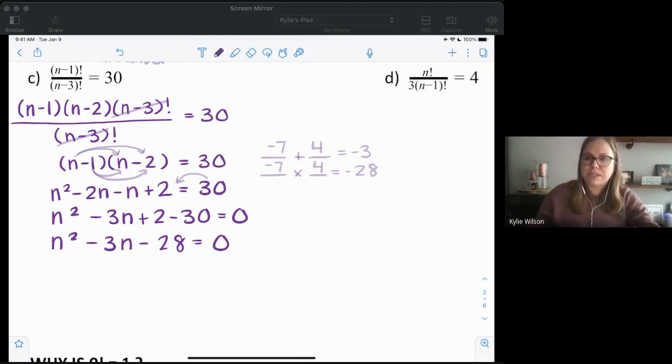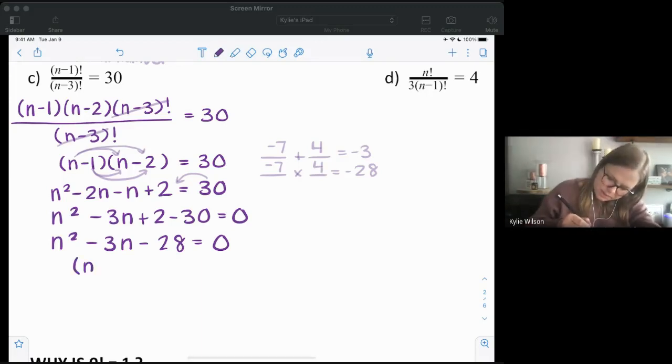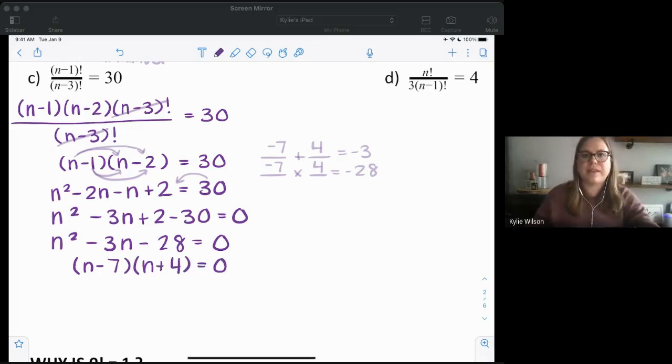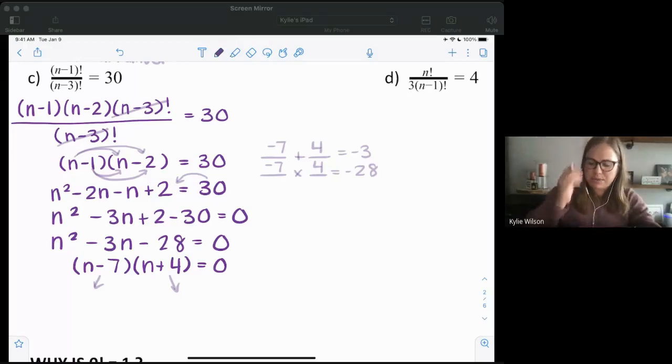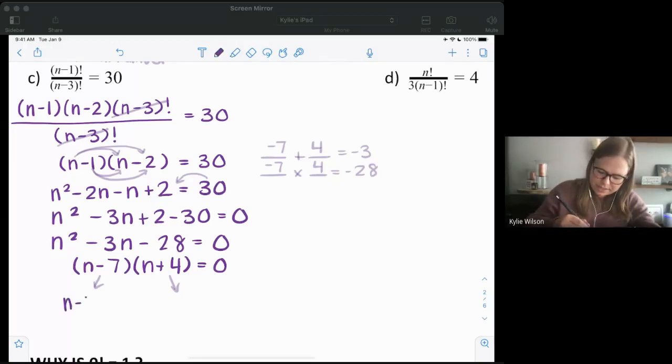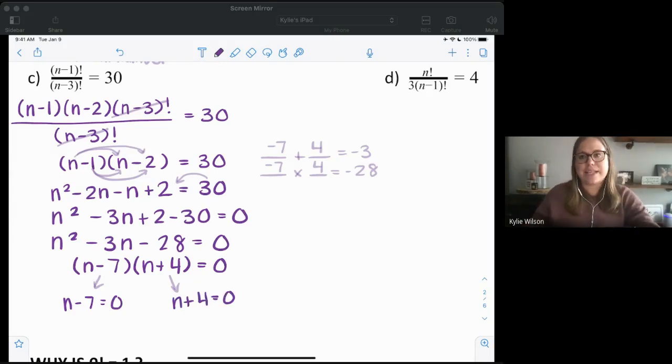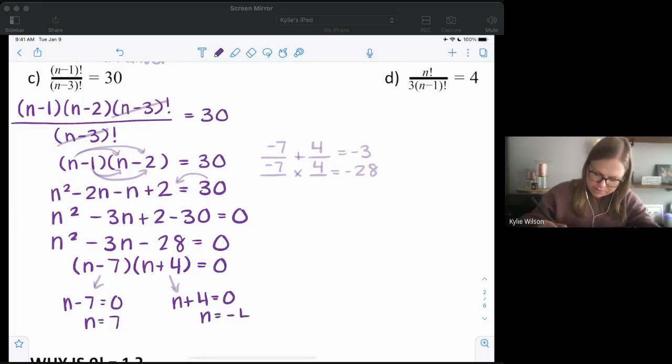So I can put those into the brackets: n minus 7, n plus 4 equals 0. Then I can set the brackets equal to 0. Hopefully solving quadratics is coming back for people. So we have n minus 7 equals 0, n plus 4 equals 0. Now I isolate for n. n equals 7, n equals -4.